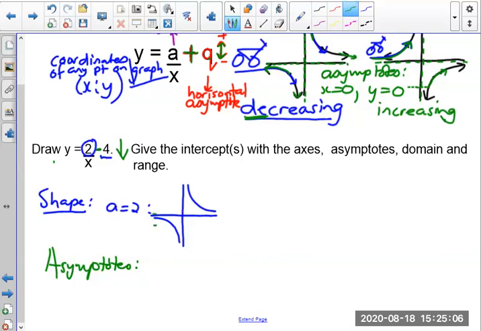So my x-axis will not be an asymptote anymore. The asymptote will move to the line y equals minus 4. Okay, but now that means that that half there will also move 4 units down.